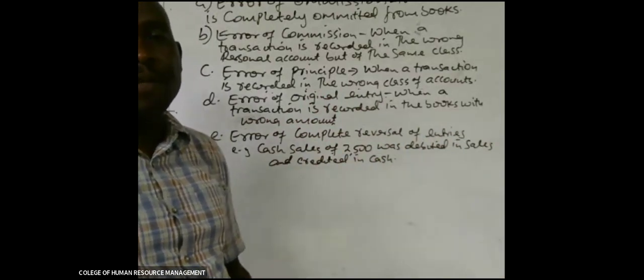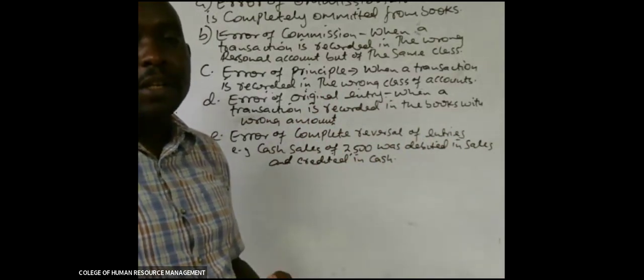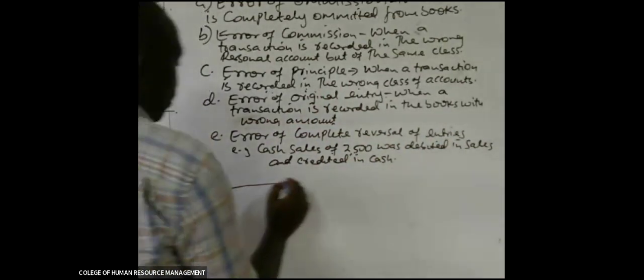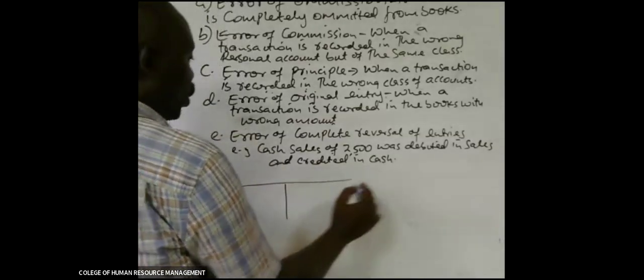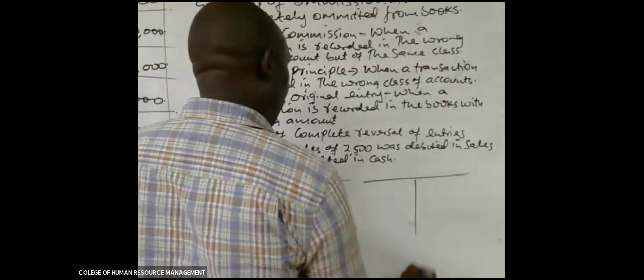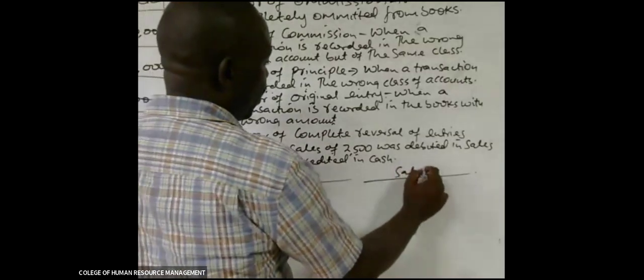How do you correct it? Very simple. To correct it, note this. Let me put it down so that it can be understood, because it is an issue that confuses students. Here I have my cash. Here I have my sales account.